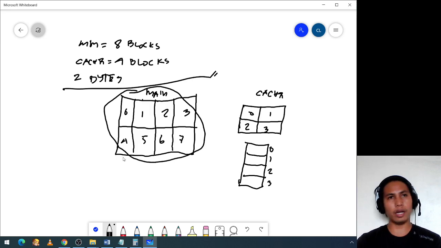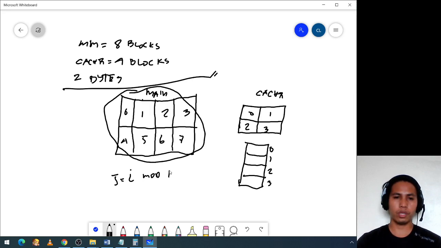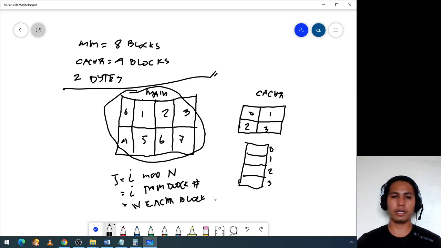According to the formula, J, the location to place, is equivalent to I modulo N, where I is the main memory block number and N is the cache block size.